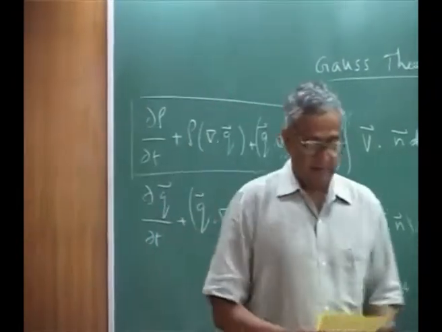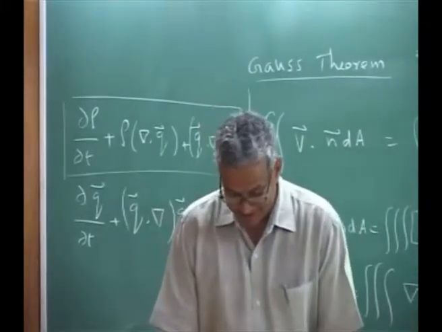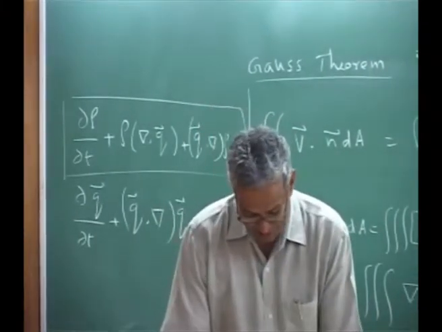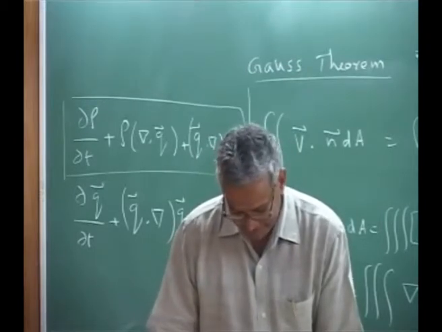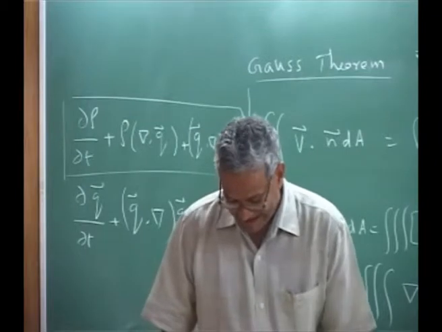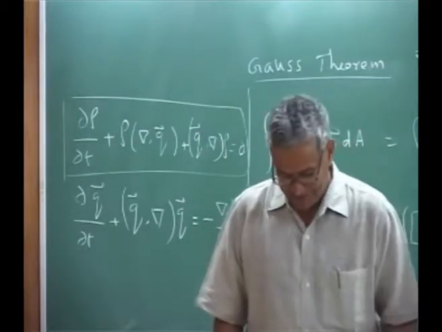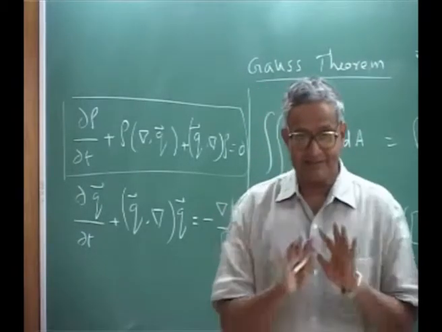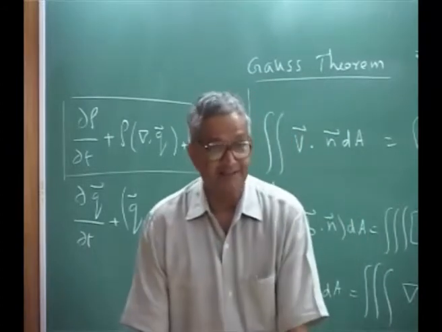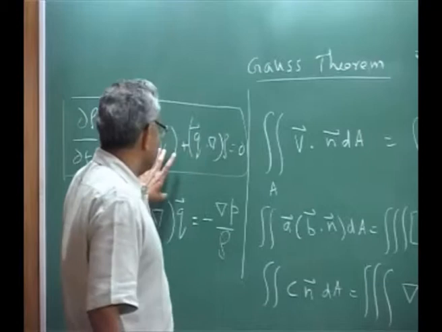Okay. Now please understand what all the assumptions we have made till now, because that is essential. So don't lose track of any assumptions which have been made in obtaining this. First is we neglected the viscosity and we neglected the body force. Okay. Now you got these two equations.